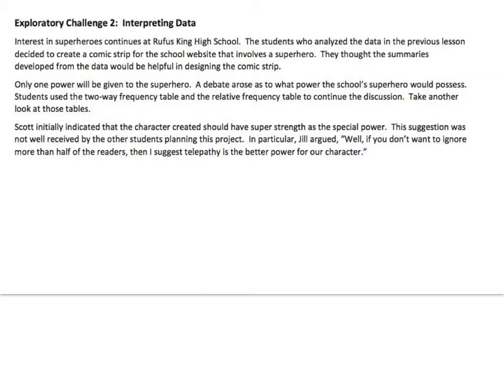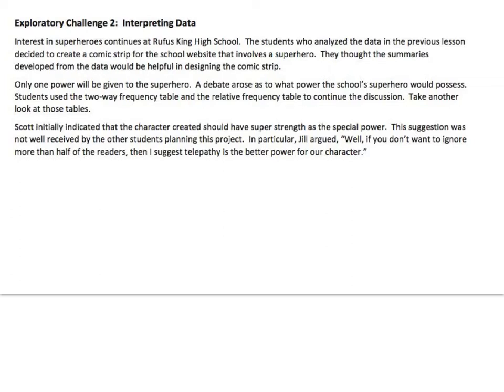So interest in superheroes continues at Rufus King High School. The students who analyzed the data in the previous lesson decided to create a comic strip for the school website that involves a superhero. They thought the summaries developed from the data would be helpful in designing the comic strip. Only one power will be given to a superhero. A debate arose as to what power the school's superhero would possess. Students used the two-way frequency table and the relative frequency table to continue the discussion.